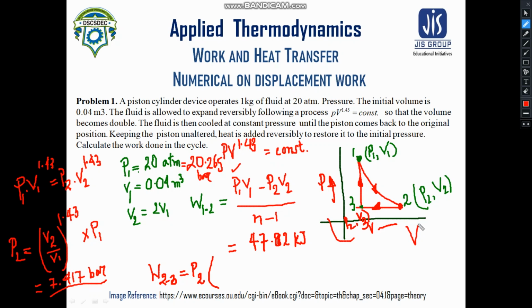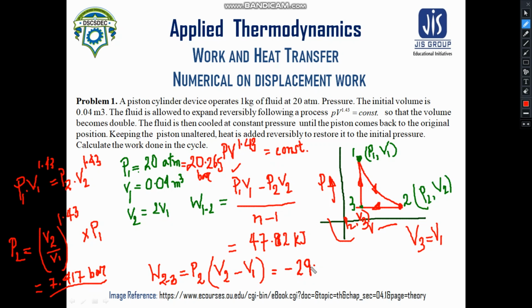So V3 is equal to V1. So the work done will be calculated by the formula P2 times (V2 minus V3), and this V3 is nothing but V1. So I will replace V3 by V1, and ultimately you will find the result to be, now see, it will come in negative.